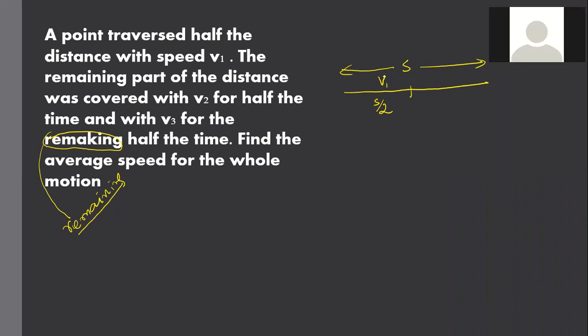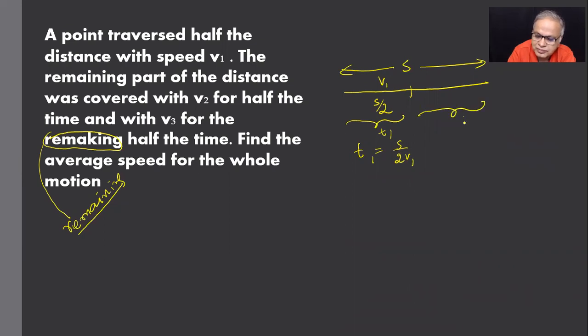The remaining part of the distance, half the distance actually, was covered with v2 for half the time and v3 for the remaining half. So if this time was, say, some t1, this t1 will be s by 2 by v1. But now let me say this time is t.